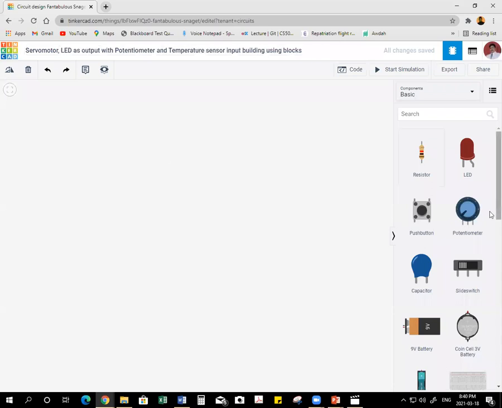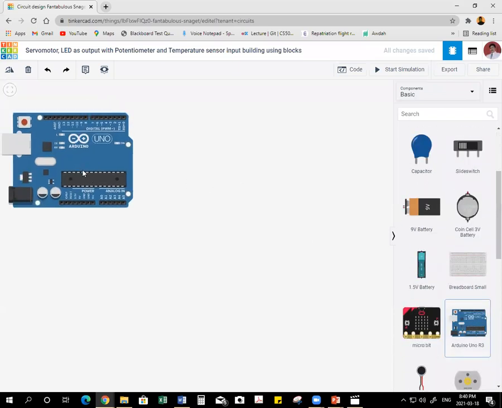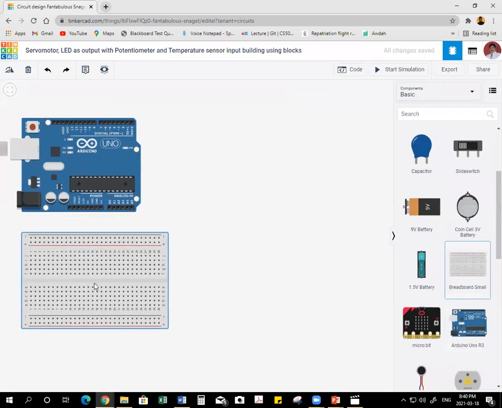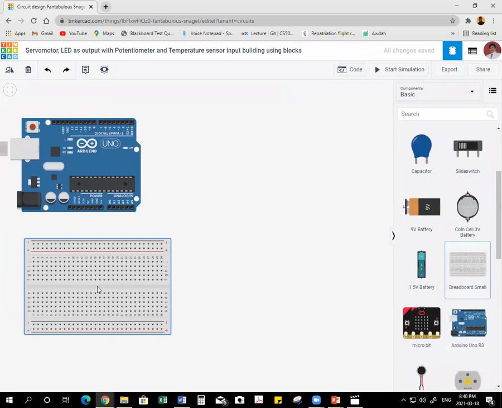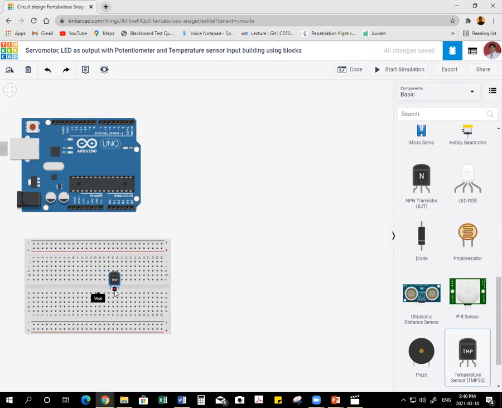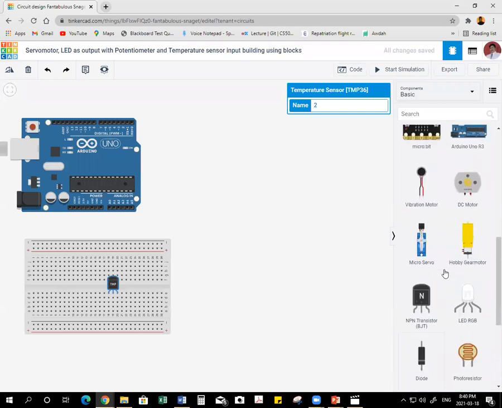Okay, now take the Arduino. We need a breadboard, we need an Arduino. And we need a temperature sensor. I'll keep it here. And I need a potentiometer.